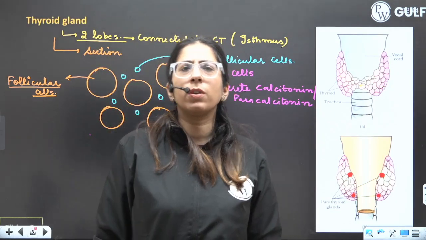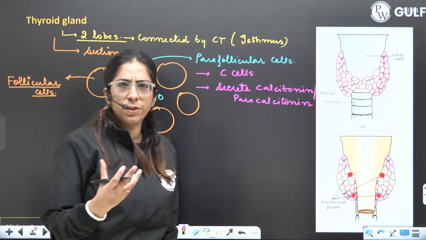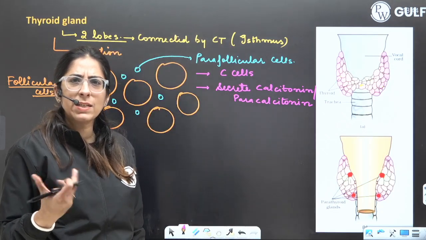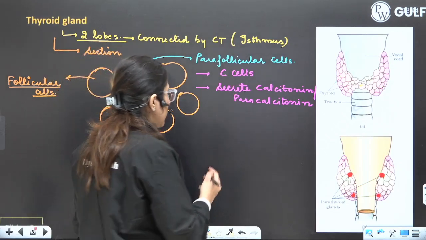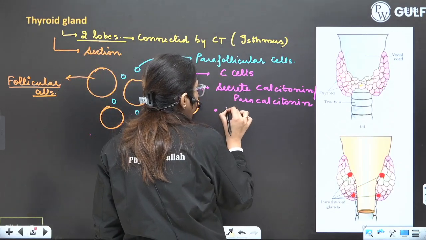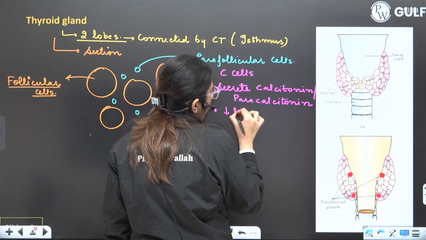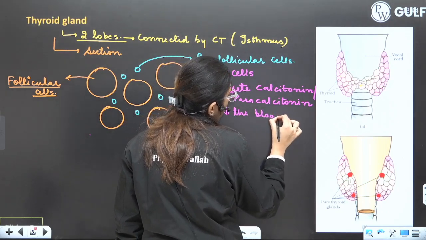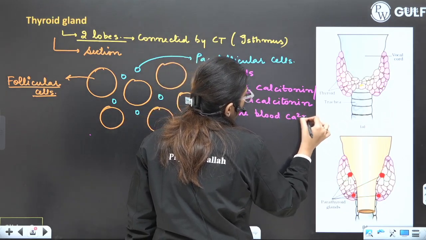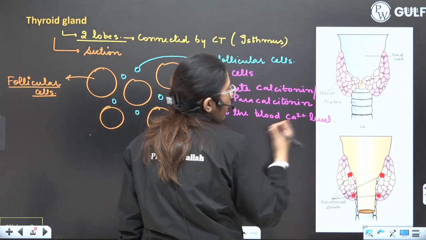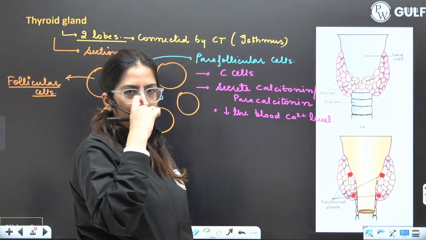This calcitonin is related to calcium. It is responsible for reducing the blood calcium level.